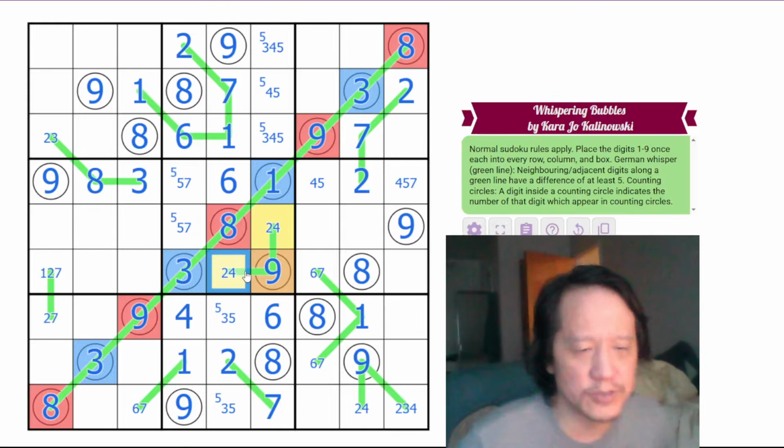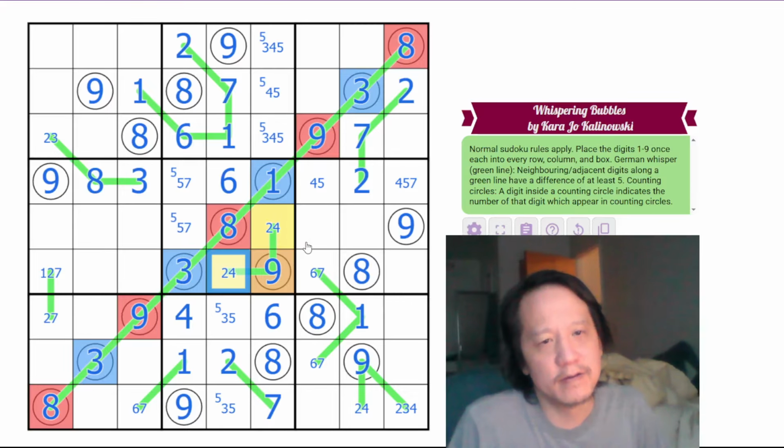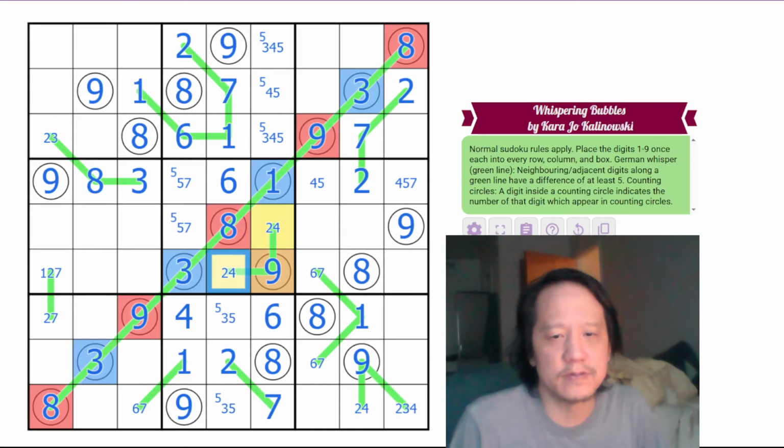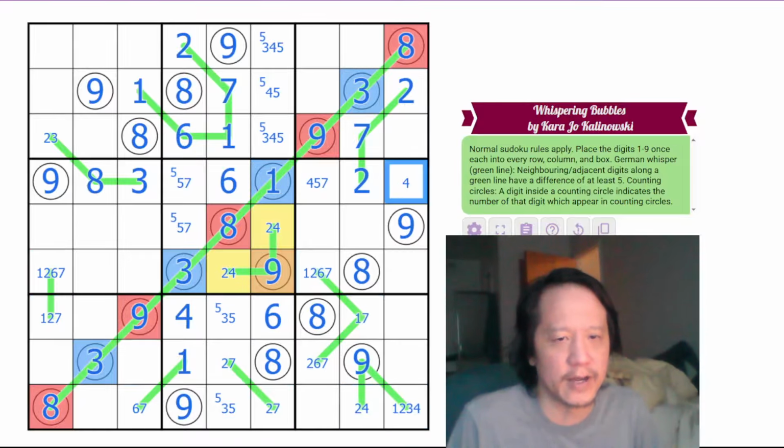Yeah, I was hoping to reach a contradiction, and I'm not. So that's bad. I think we have to go down a different route and try to find this 7 eliminates 7 here, so it's 6. We're just not running into contradictions here. This might be the actual solve path.